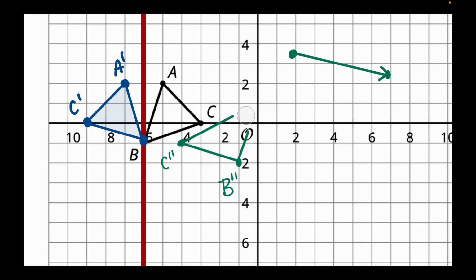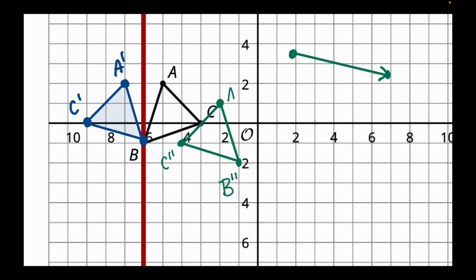So what I did wrong was I didn't use the correct triangle. I was using this point for A. I want to start here, go 1, 2, 3, 4, 5, and down 1. My point's going to end up right here, and then my triangle's going to look a lot better. Much better.